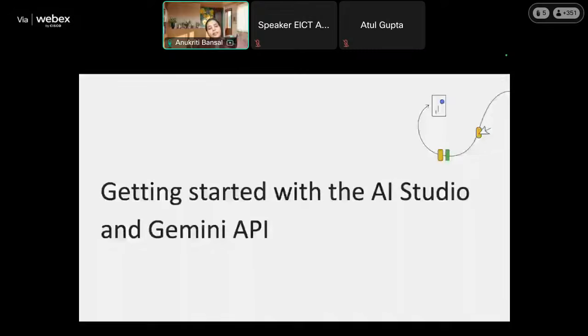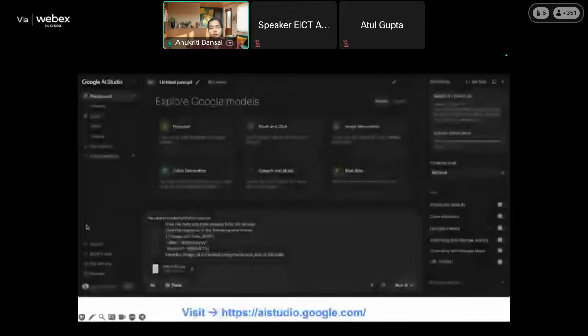Okay. So let's first start with how to get this API. I've written here Gemini API, but it is a Google API, meaning you can use any Google model using that API key. So you have to go to this website, aistudio.google.com.